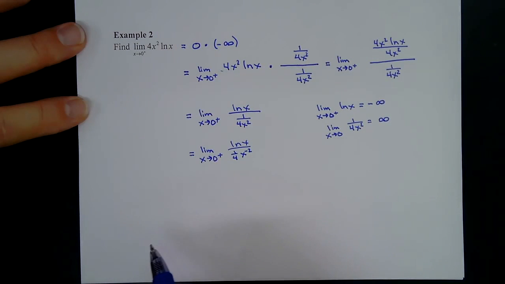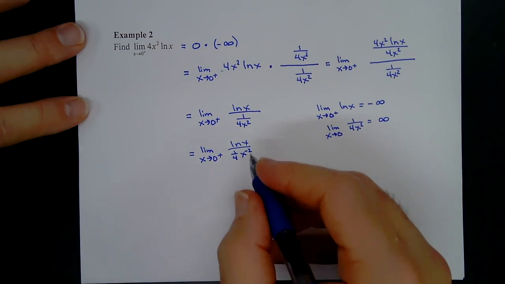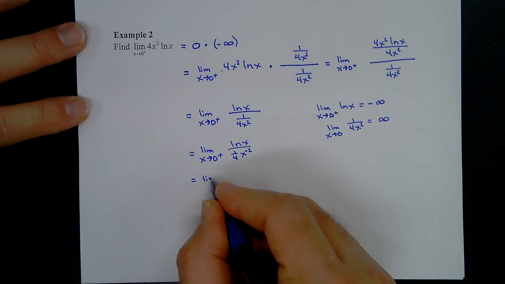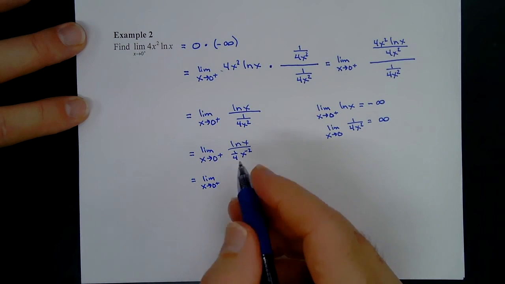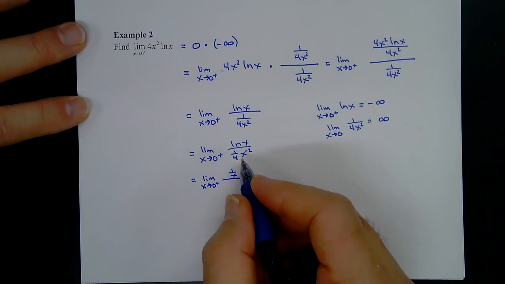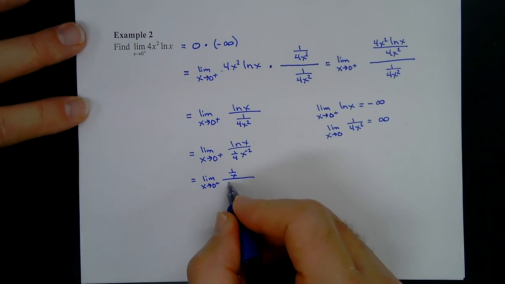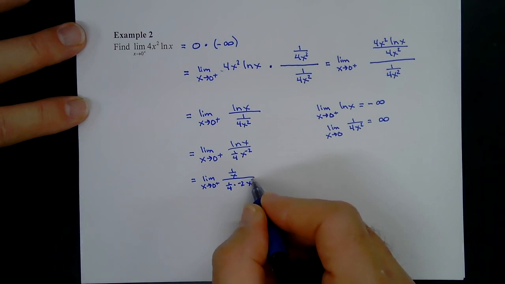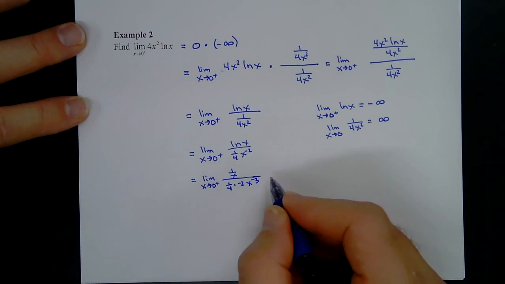And that's just going to be easier to take the derivative now. So this becomes equal to the limit as x approaches 0 from the right. The derivative of ln of x is 1 over x over, and then this would be 1/4 times negative 2 x to the negative 3 power.